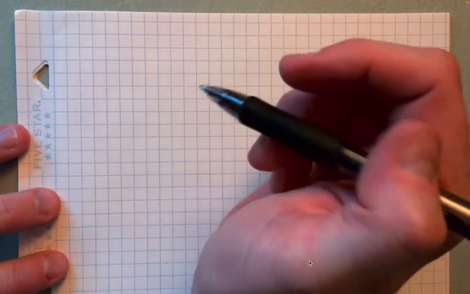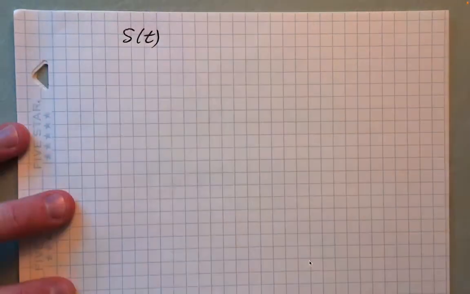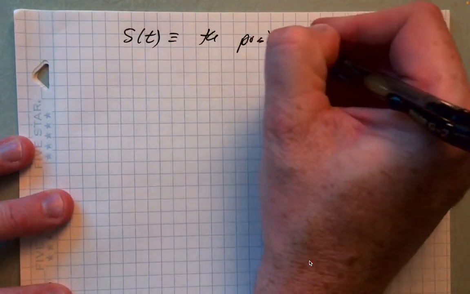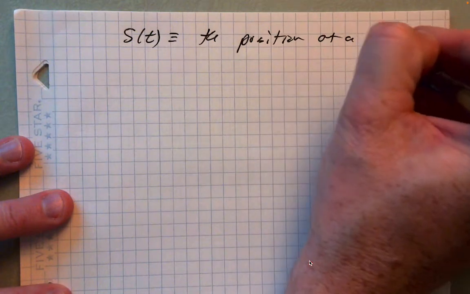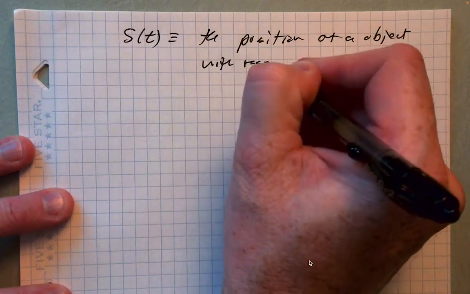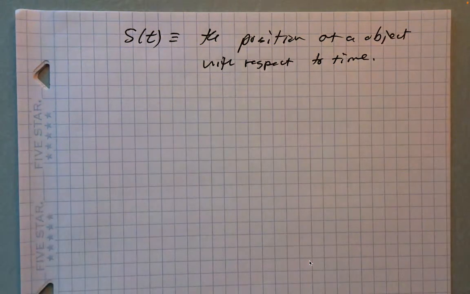Usually for a position function, people will frequently use s to denote it: the position of an object with respect to time. So I plug in a certain amount of time.